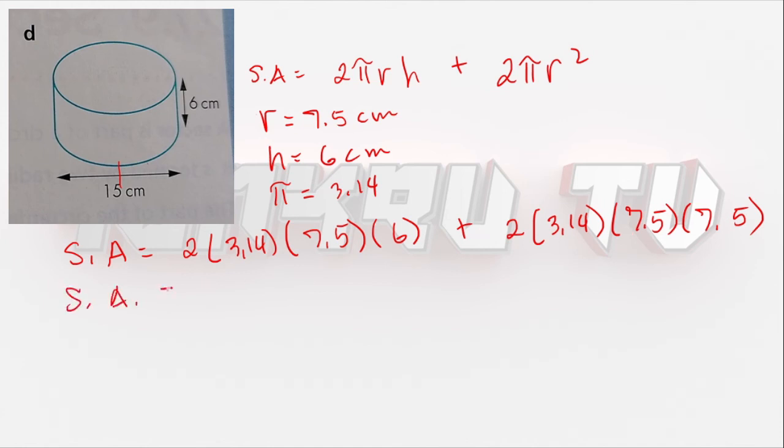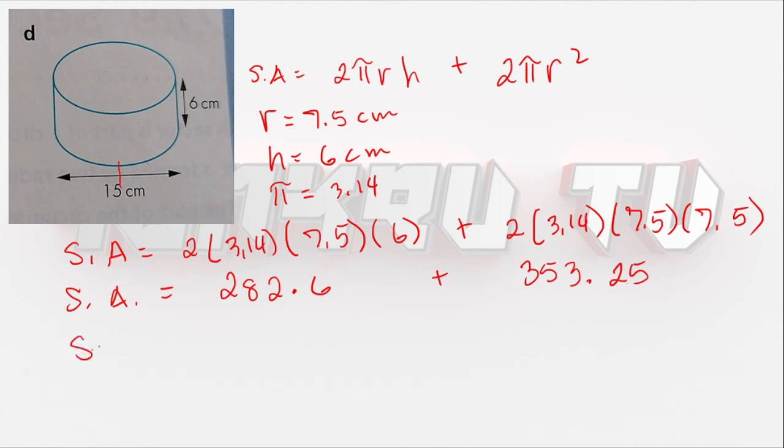So, surface area. Okay, meron tayong 282.6 plus 353.25.